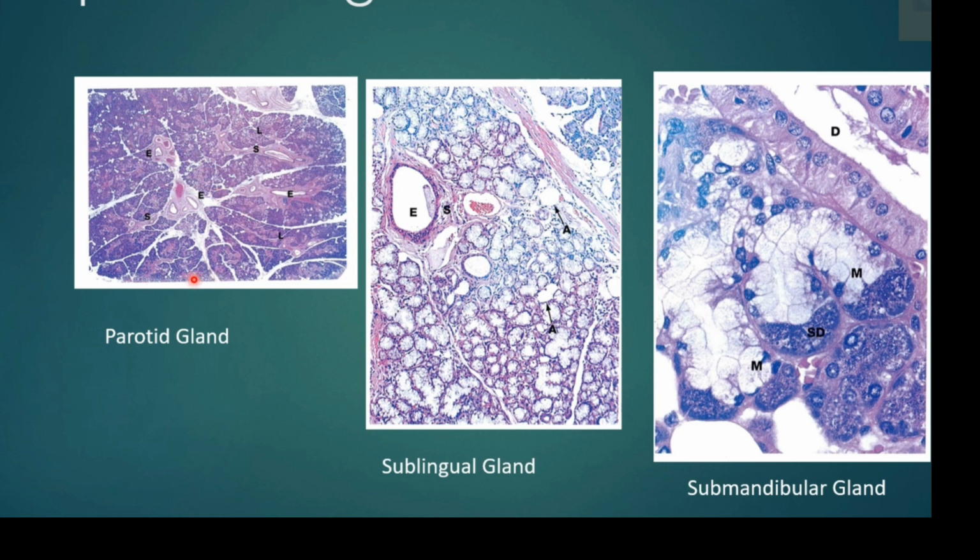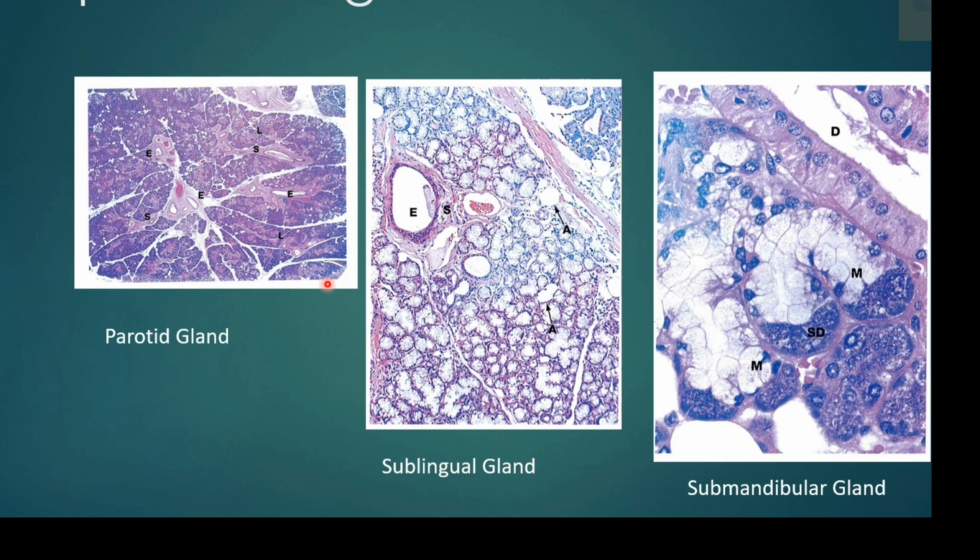In addition to serous acini, the parotid gland also contains a large amount of adipose tissue. And as you know from gross anatomy, the facial nerve passes through the substance of the parotid gland.